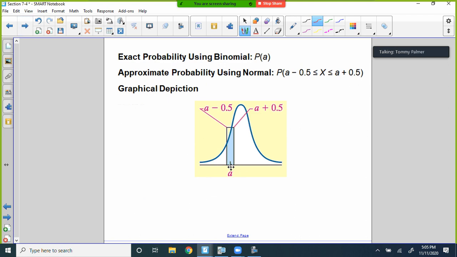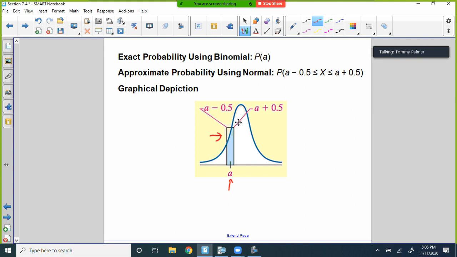So looking at this, if you've got a binomial probability, we looked at it on a histogram, right? We plotted the binomial distribution on a histogram, and they're bars, okay? But if you do a normal approximation, you put a normal curve over that, and you can see where this portion of that bar is not taken into account. And you can also see where the A is not on the outside or left or right perimeter, it's in the middle.